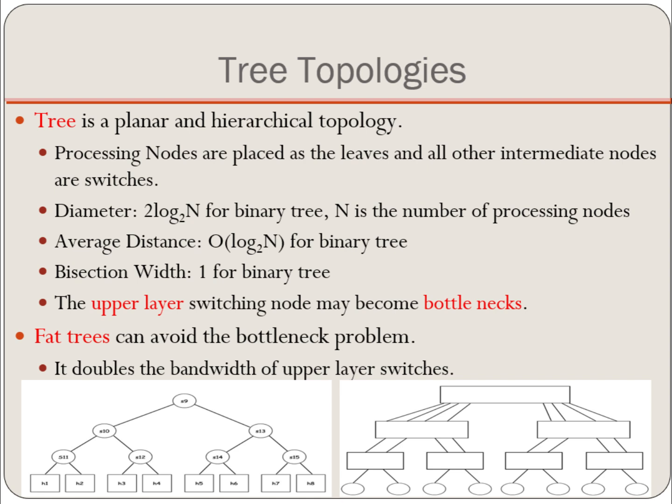So there's a variation of this kind of binary tree. We call it fat tree, to avoid this bottleneck problem. We make these communication nodes with different kinds of bandwidth.